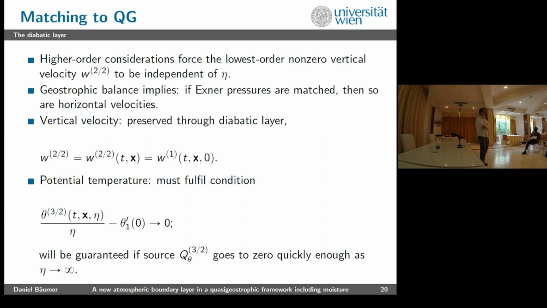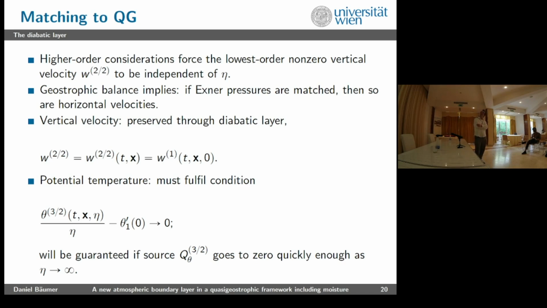Right, and now we also need to match that to the Ekman layer, but that's quite straightforward. So the really interesting part is matching to the QG flow. And here, higher order considerations, yeah, again, we get that up to O of epsilon, the vertical velocity is independent of eta, which means that it is just lifted through the diabatic layer, unchanged, right?